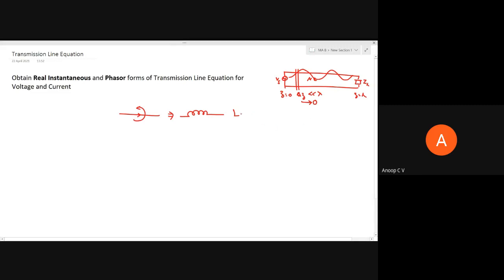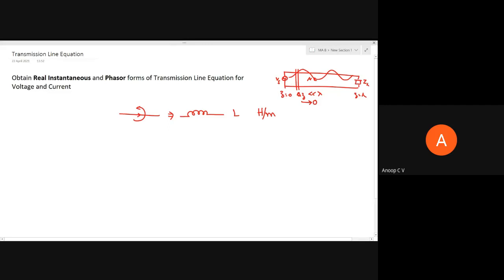So this L, if I represent L, that is actually a very basic primary distributed parameter. It is inductance per unit length, so its unit will be Henry per meter. Similarly, the conductor which we are assuming, if it is an ideal conductor, the conductance is infinity and the resistance will be zero.